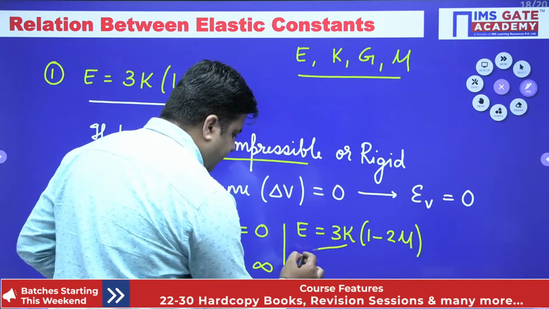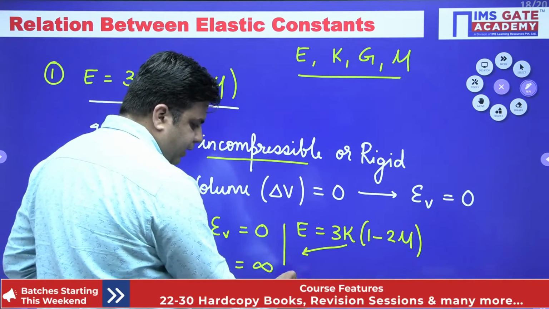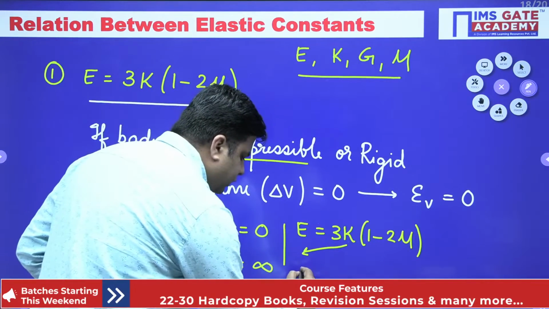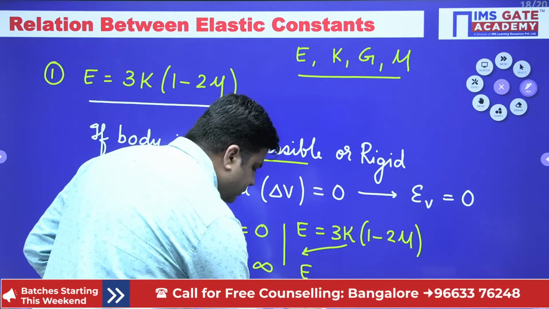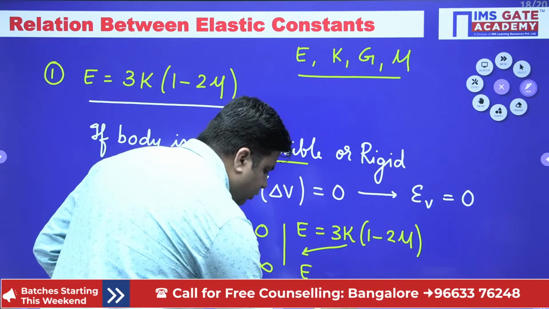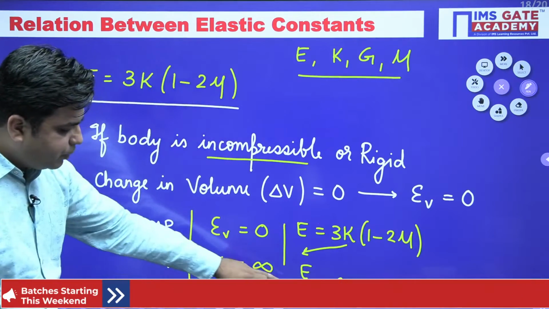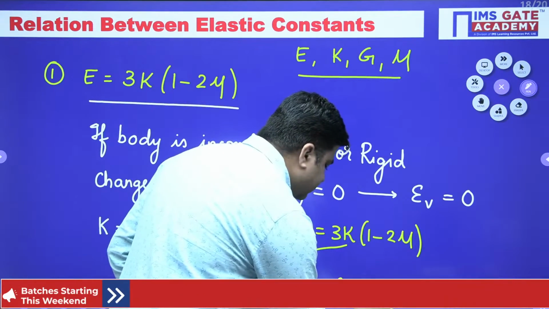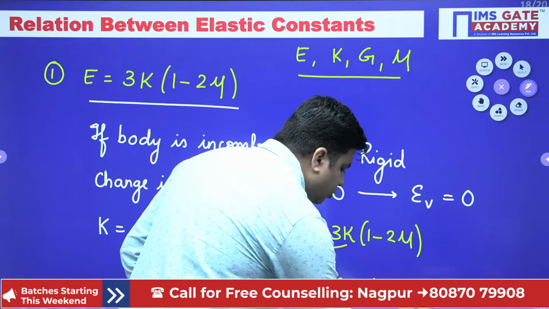You take K this side, so this term E by 3K will be equal to 0, because K is approaching infinity. It means that 0 is equal to 1 minus 2 mu.